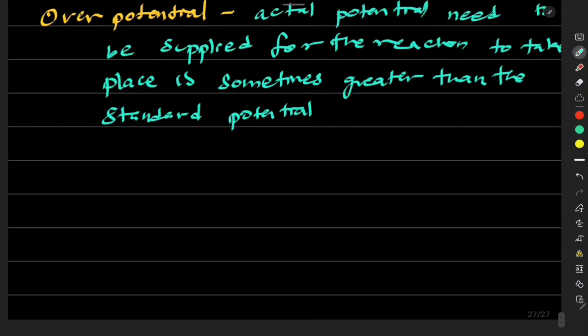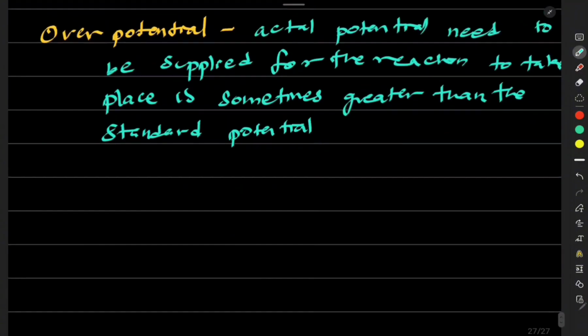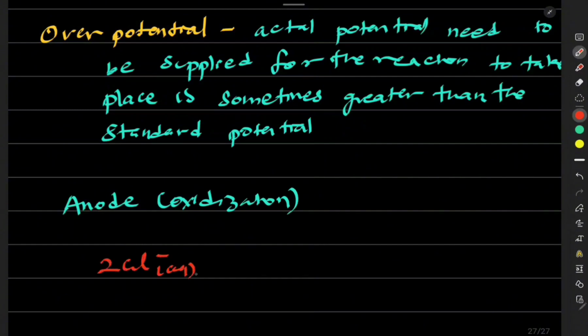Now let's look at the reactions here. The anode reaction undergoes oxidation, and the reaction is 2Cl⁻(aq) forms Cl₂(g) plus 2 electrons.